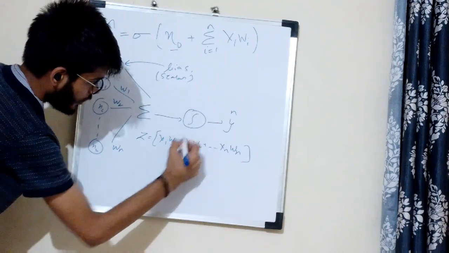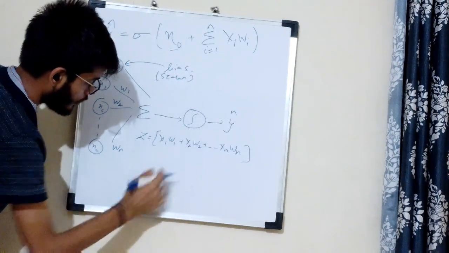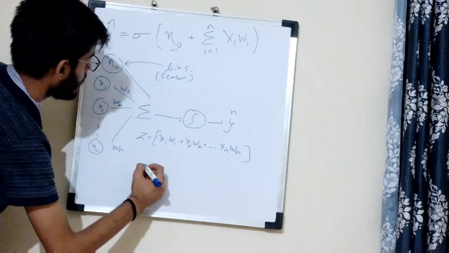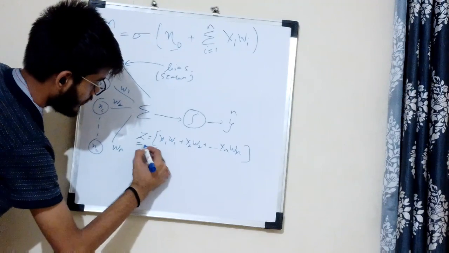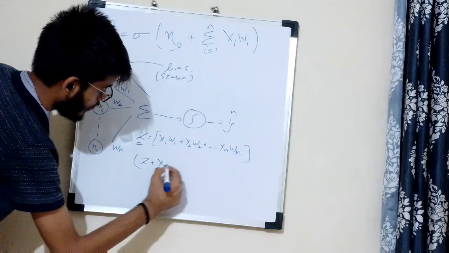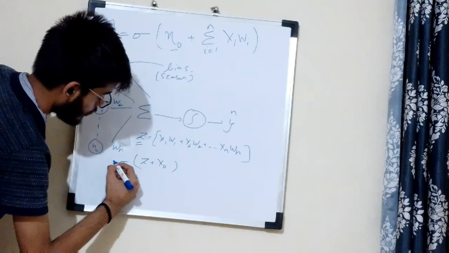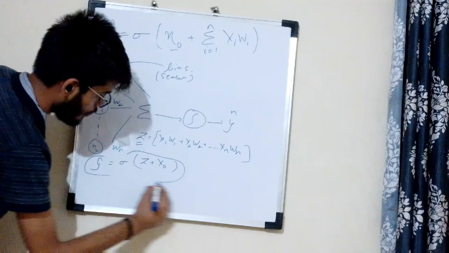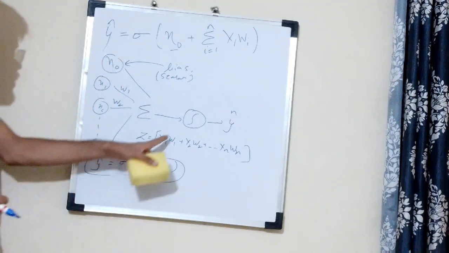So when passing it to the non-linear activation function, we take z plus this x0, and then pass it to our activation function, which gives us y hat, our output.